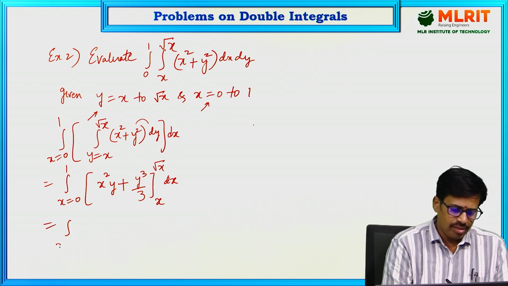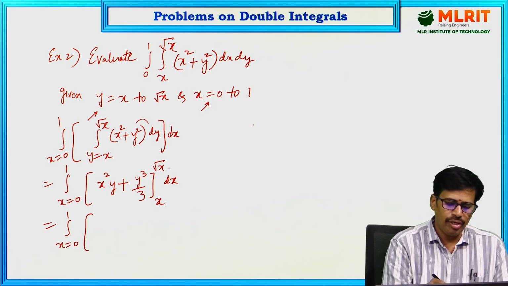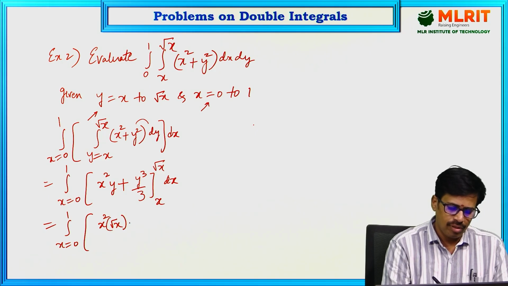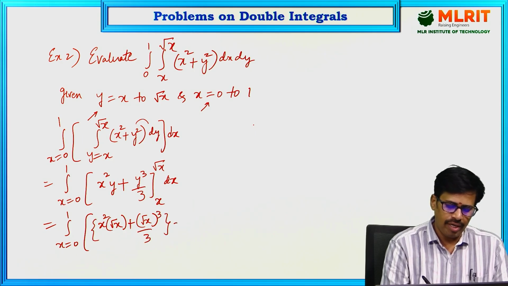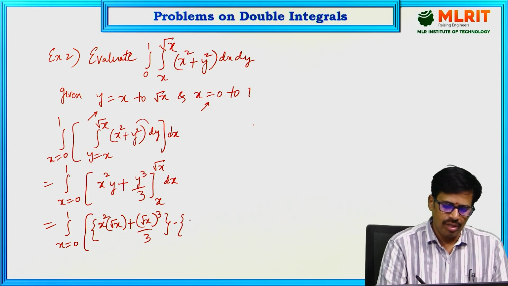So x is equal to 0 to 1. In place of y, substitute the upper limit: x square into root x plus root x whole cube by 3. This is the upper limit, right? Minus the lower limit, x square into x plus x cube by 3, whole dx.